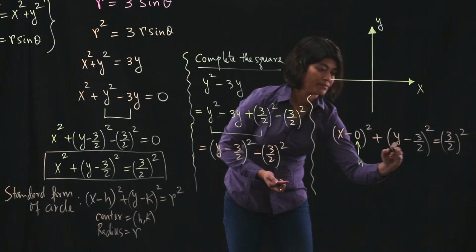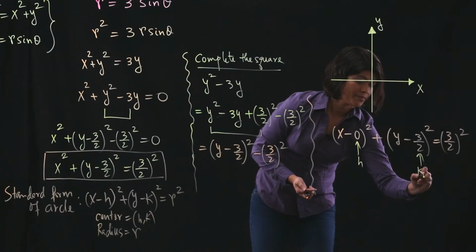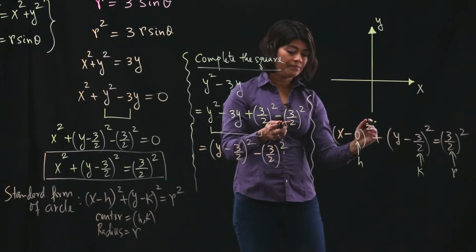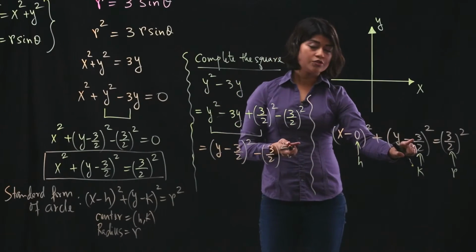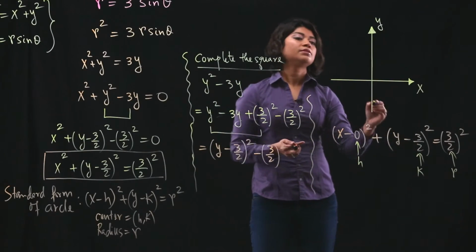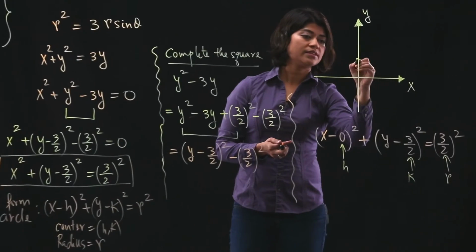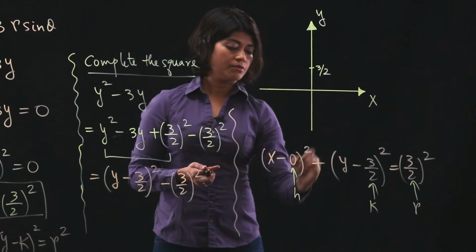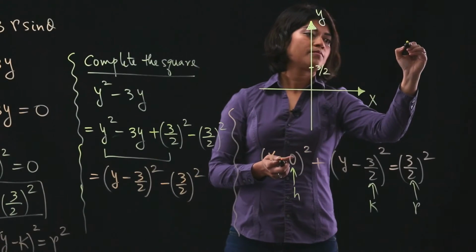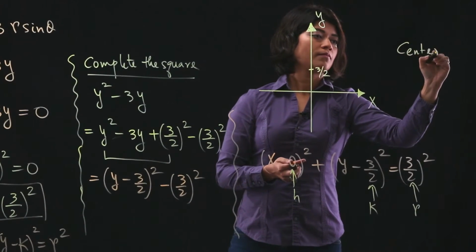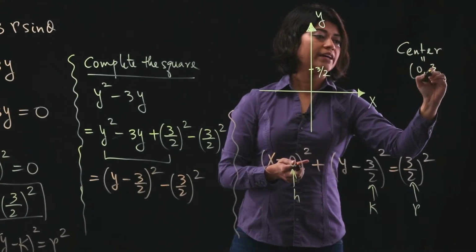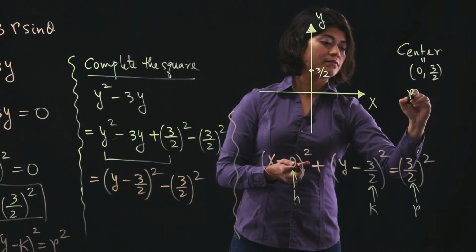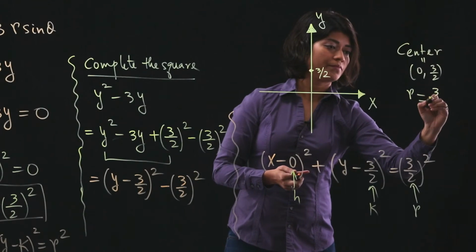This is h, this is k, and this is r. So this will be a circle with center (0, 3/2). So let's see, say this is 3/2. So center is (0, 3/2), which is this point, and radius is 3/2.